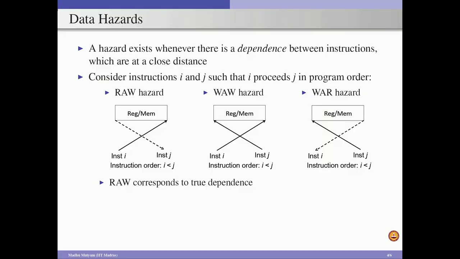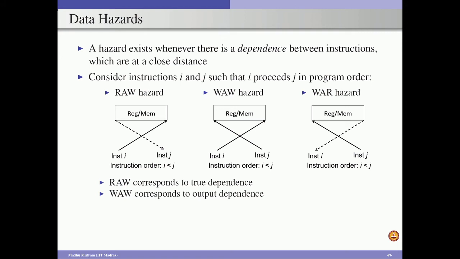And effectively, when we are planning to reorder our instructions to exploit instruction level parallelism, we have to take care of these hazards. Out of these three hazards, the read after write hazard is actually a true dependence, because there is an actual data flow between the instructions which have this read after write hazard. In the case of the write after write hazard, this hazard happens because these two instructions I and j are actually using the same output register or memory location.